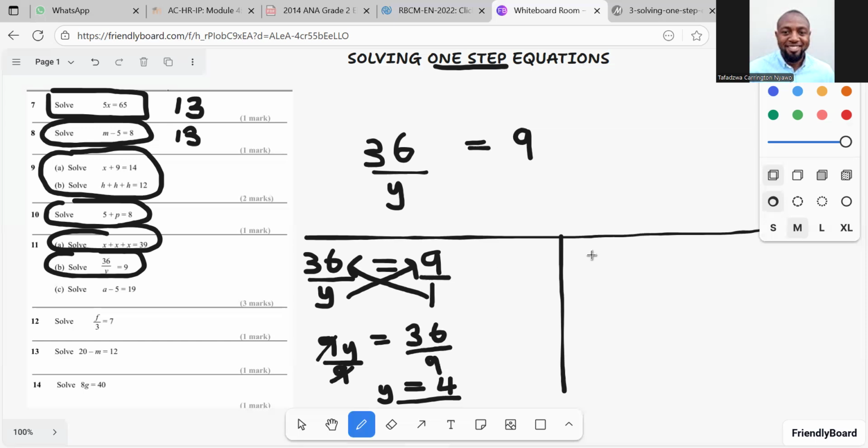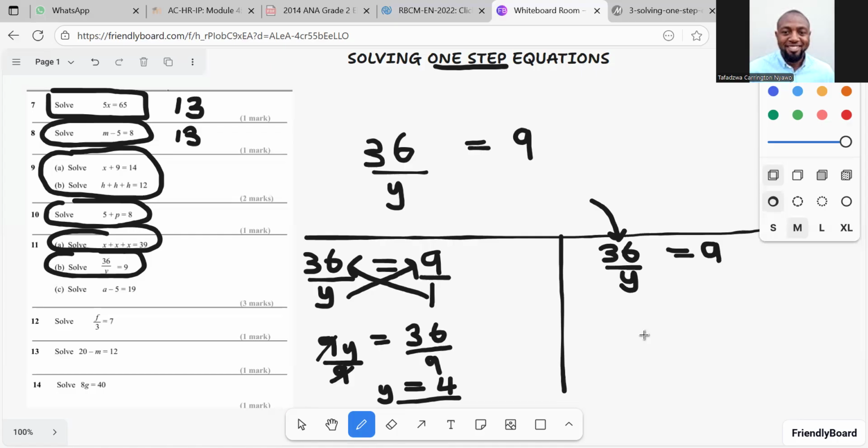Now let me show you the other method, which is when you use the inverse operation. So this is what we have. What we need to eliminate is this 36, so that we remain with y, or to make y the subject.